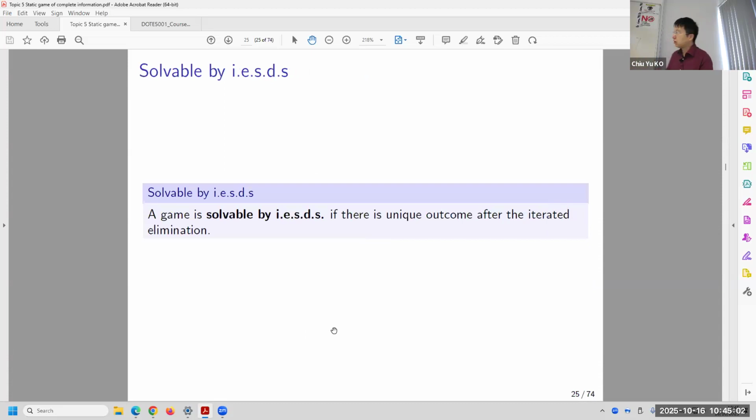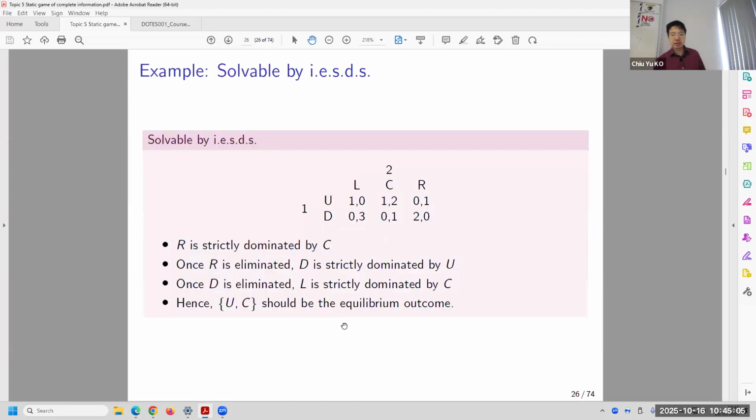So dominance solvable means there's one outcome left. Let's see the example. Look at this case. First we say R is strictly dominated by C. Why? Because if one chooses U, C gives 2, R gives 1. And if one chooses D, C gives 1, R gives 0.